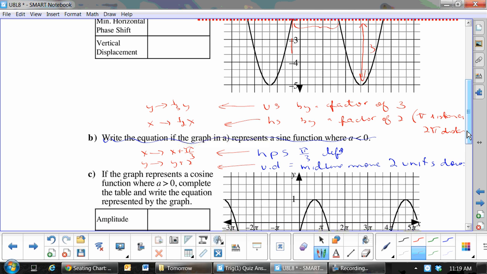Okay, so we're working to the left, but that would be 1/3 bracket y plus 2 equals sine 1/2 bracket x plus pi over 3.